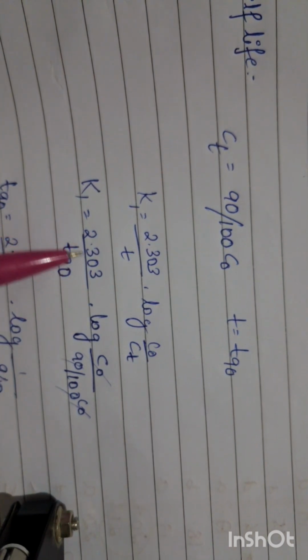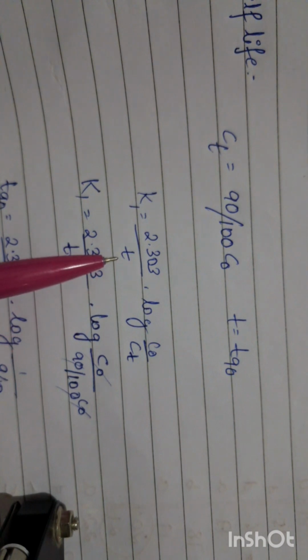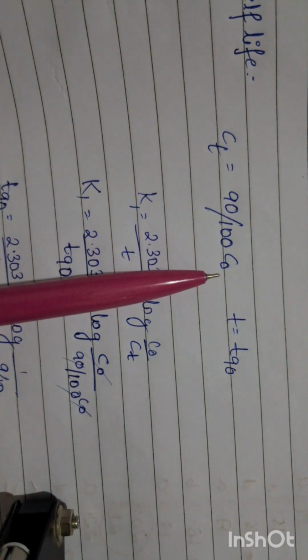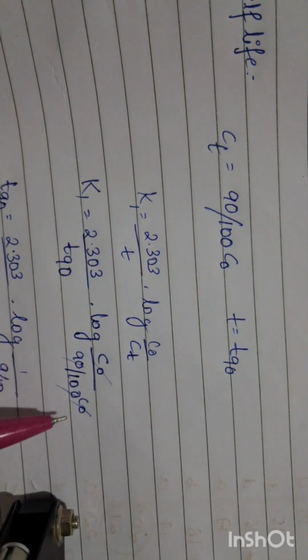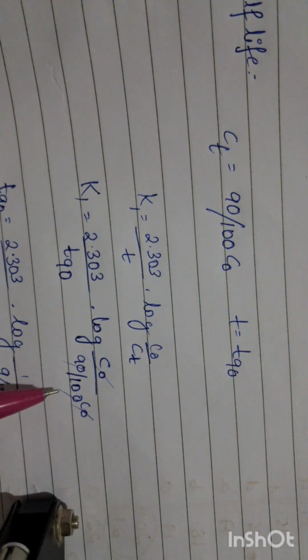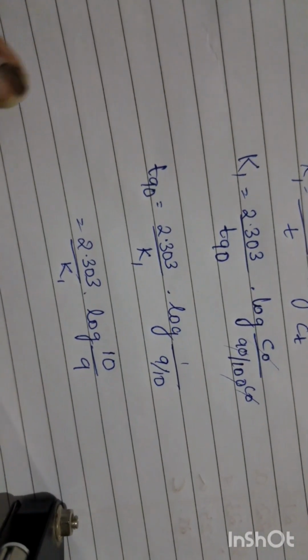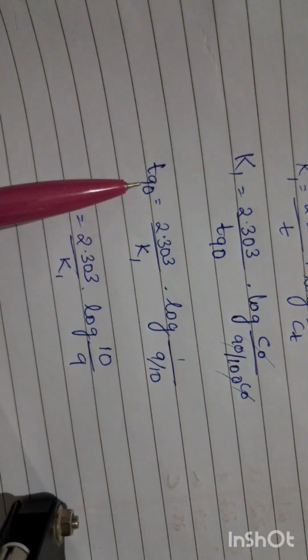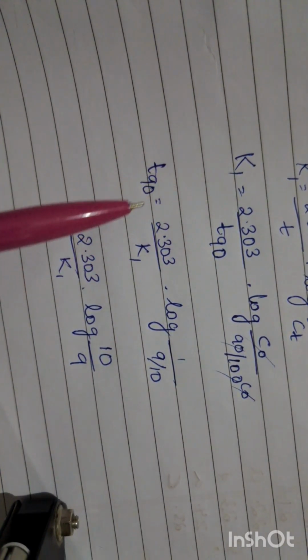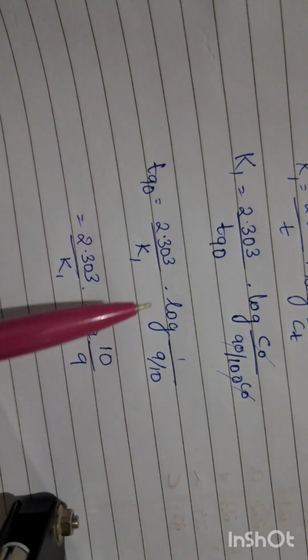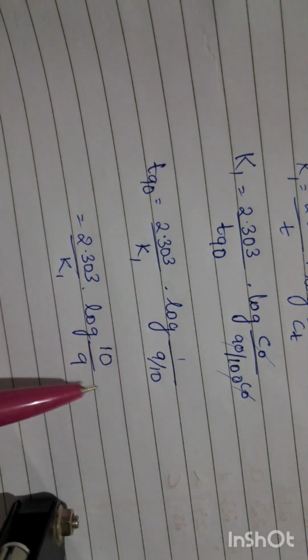Now K1 is equal to 2.303 by T90 into log C0 by 90 by 100 into C0. Here C0 cancels and the zeros cancel, so 9 by 10 becomes, when it goes up, 10 by 9. Shifting T90, we get T90 is equal to 2.303 by K1 into log 10 by 9.